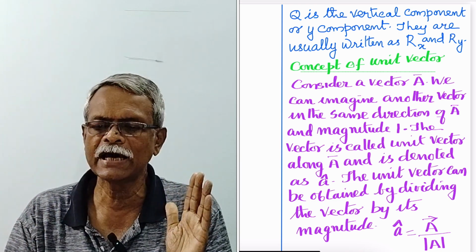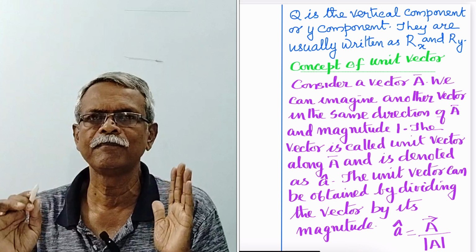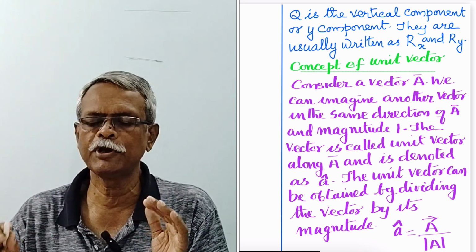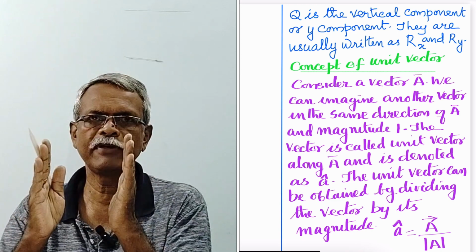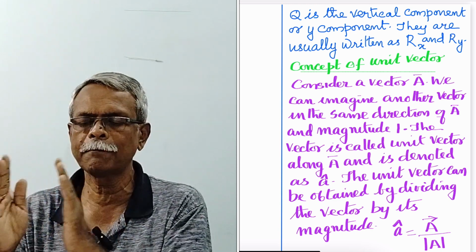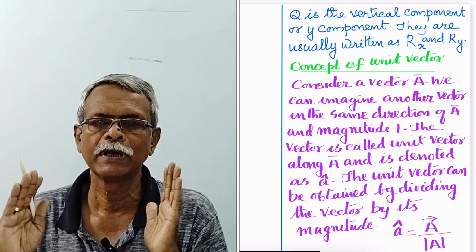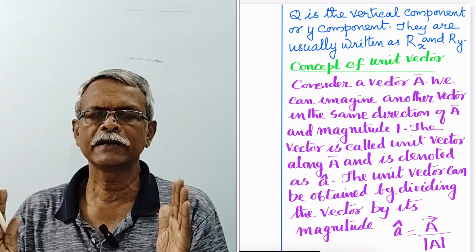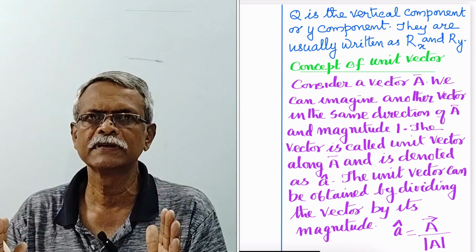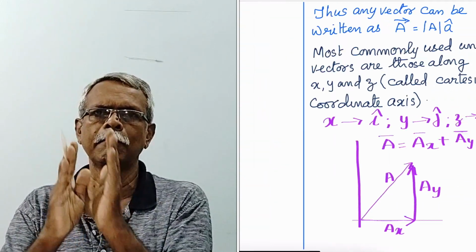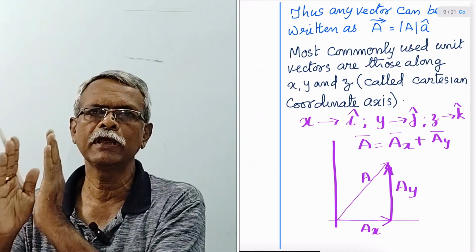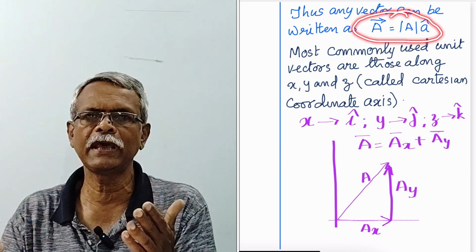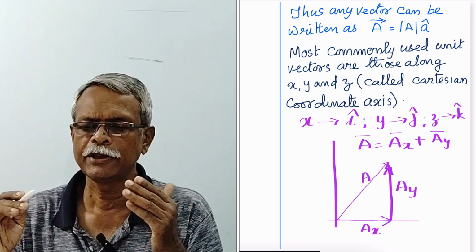Therefore, we can see that vector A can be represented as a product between the magnitude of A, that is modulus A, multiplied by the unit vector A. Any vector can be represented like that. That is, vector A is equal to modulus A multiplied by the unit vector A.